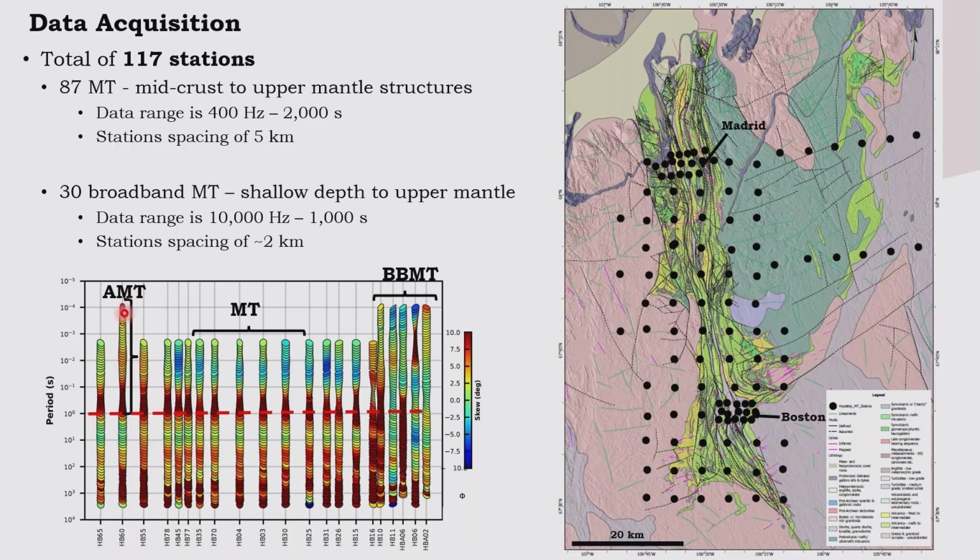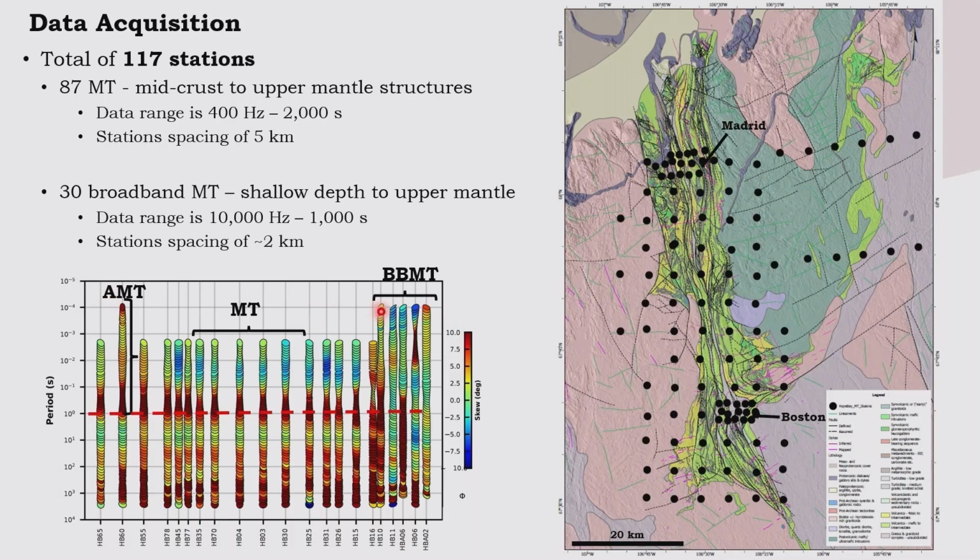So the AMT extends from 10,000 hertz to 10 hertz. So it's always short, this length. However, the MT goes from 400 hertz all the way to 1,000, 2,000, 2,600 in most cases seconds. But the broadband now combines these two.